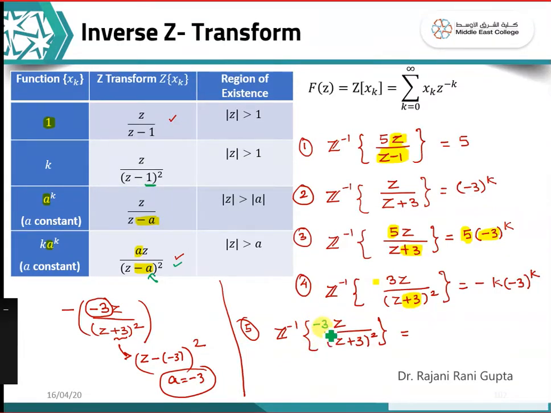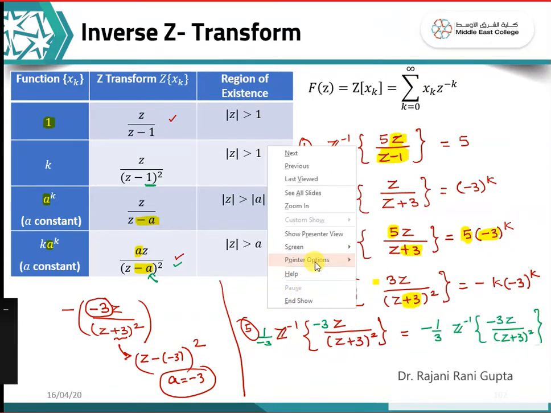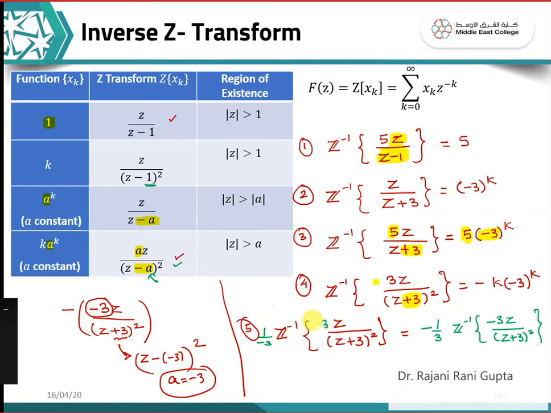So to get minus 3 here, what you can do? You multiply and you divide by minus 3, right? So we can rewrite it as minus 1 over 3 inverse z transform of minus 3z over (z plus 3) to the power 2. So let me erase it from here to avoid confusion that the question is same.